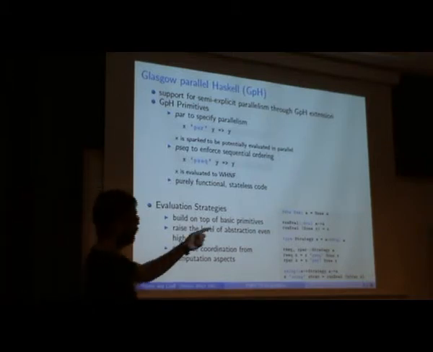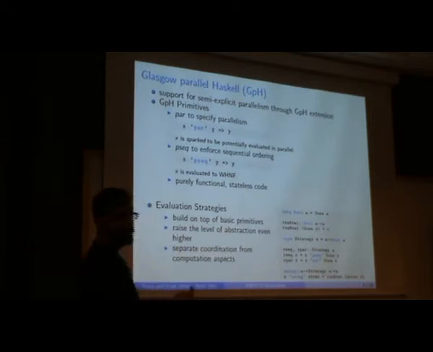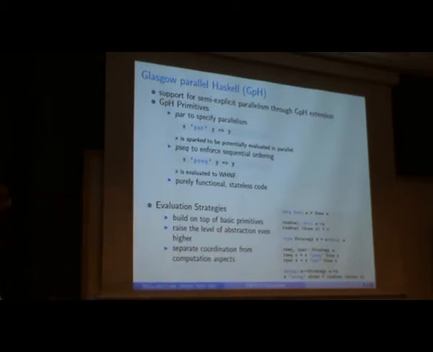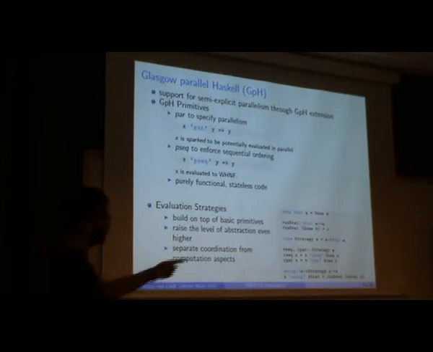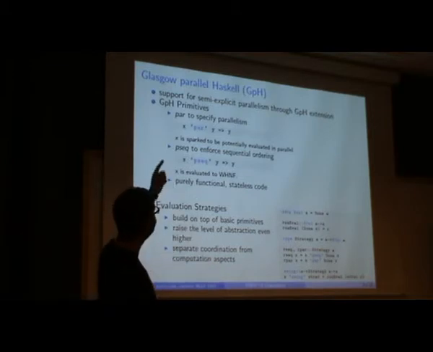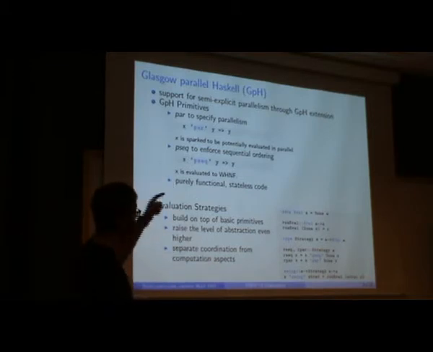If we run runEval on that strategy, it returns the value and also kicks off any parallel coordination specified in the context. We have corresponding strategies for the two basic primitives of GPH, so we have our par and our seq.